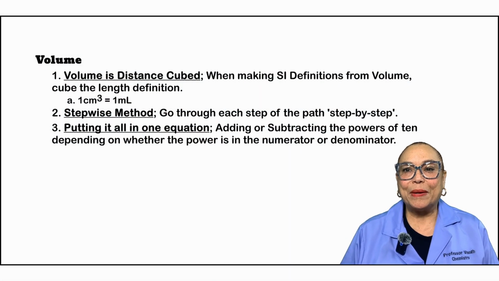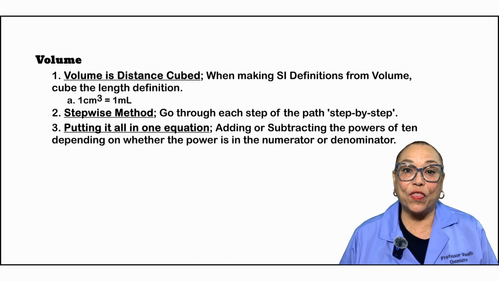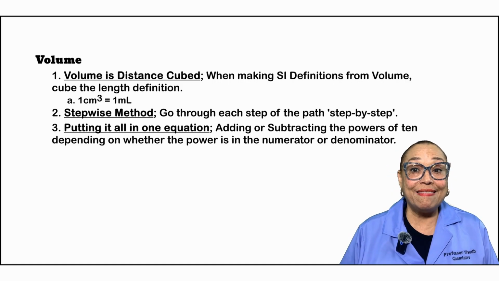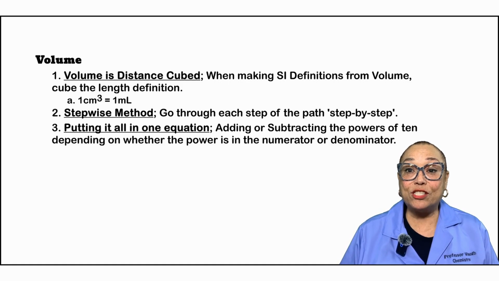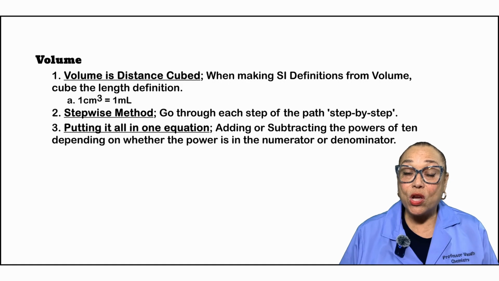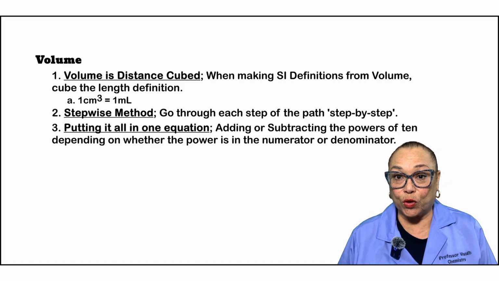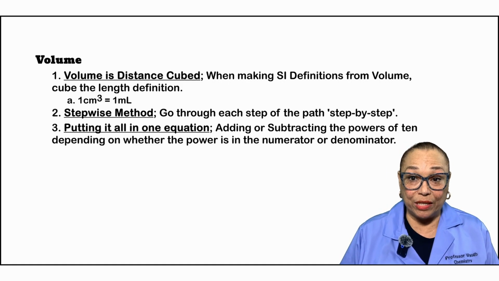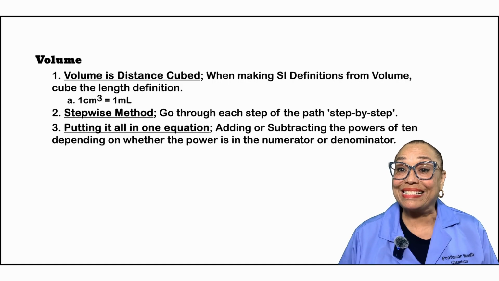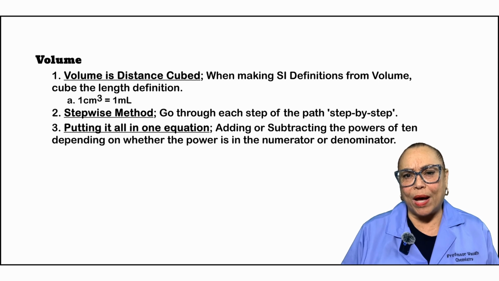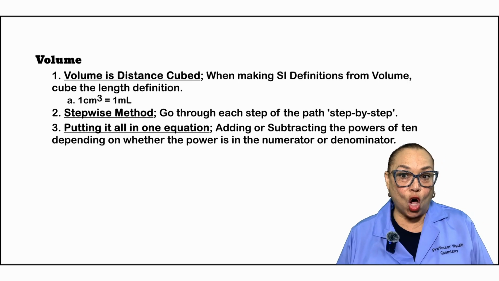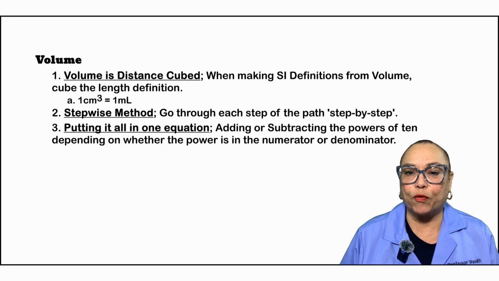To recap, making SI definitions with length cubed isn't that different from area. However, remember, if the base unit changes from liter to cubic meter or the reverse, use 1 milliliter is equal to 1 cubic centimeter to help solve the problem. You can use a stepwise method or one long equation, which I personally prefer.